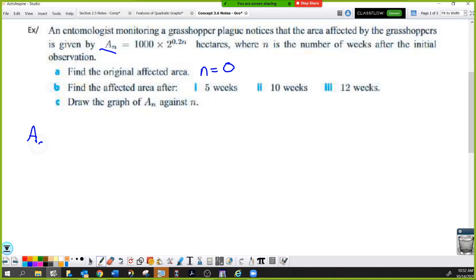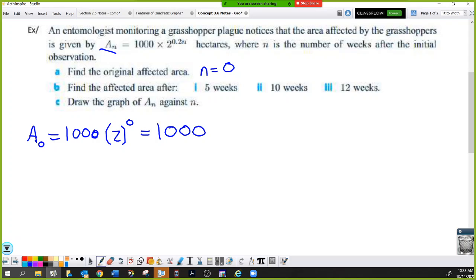So A sub 0, the original amount of affected area, is 1,000 times 2 raised to the 0.2 times 0. Anything raised to 0 is 1. So the original affected area was 1,000 hectares. Pretty easy, right? I just told you, the A on the front represents the initial amount.